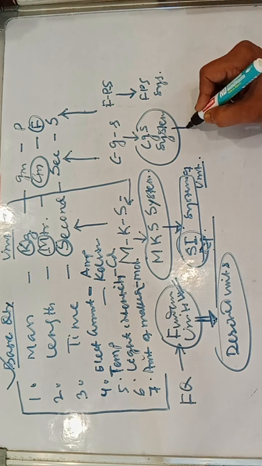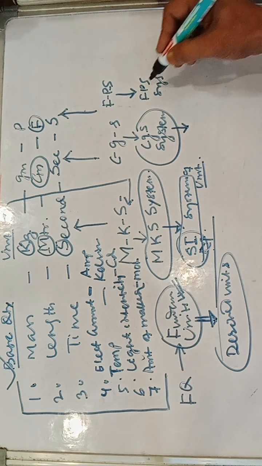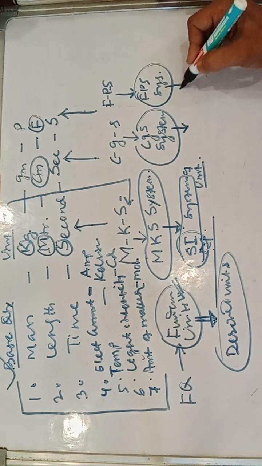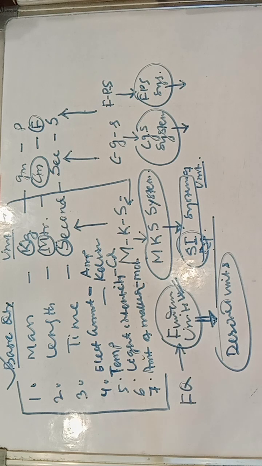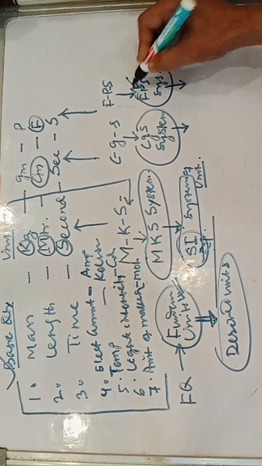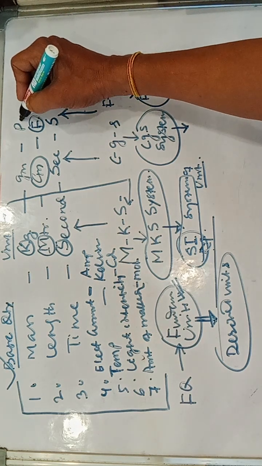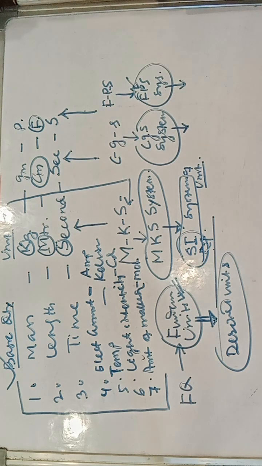Second is CGS system of units, and third one is our FPS system of units. This is a British system where foot for length, pound for mass, and second is same as other systems for time is used.